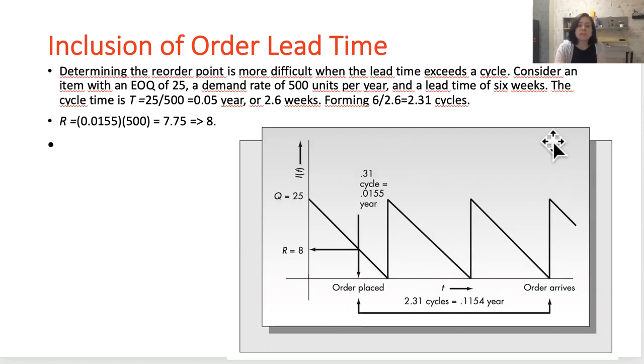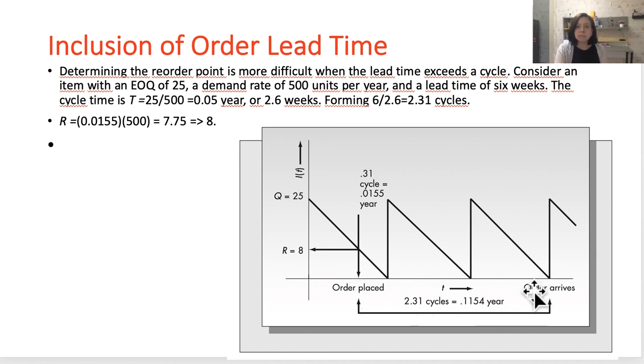Let me give you an example for this. In this example, we have an EOQ value of 25. Our economic order quantity is 25, and our cycle time is 2.6 weeks, and our lead time is 6 weeks.